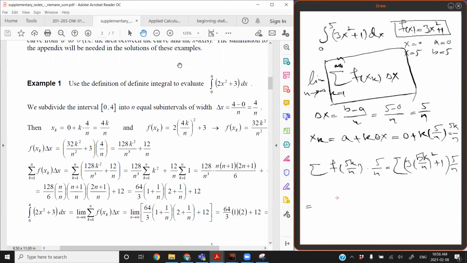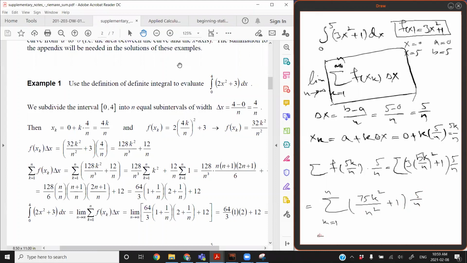So this is going to be sigma k from 1 to n of, this is going to be 25. 5 to the power of 2 is 25. 25 times 3 is 75. I get 75 k squared over n squared plus 1 times 5 over n.